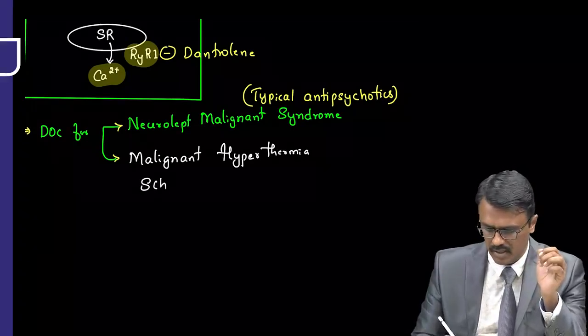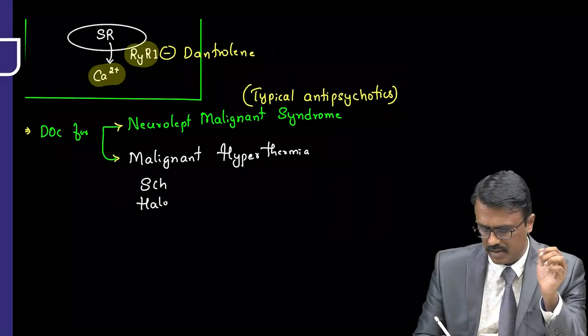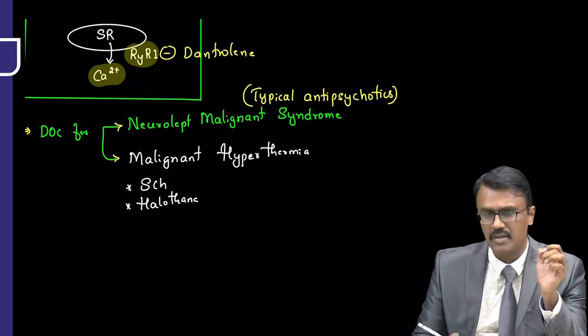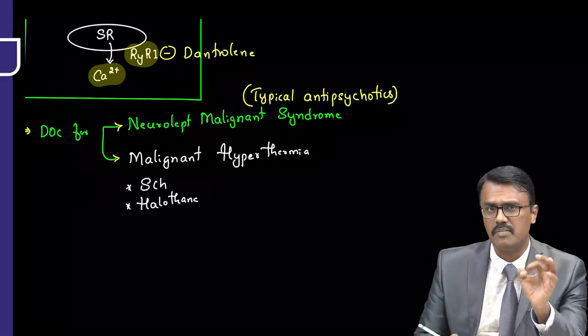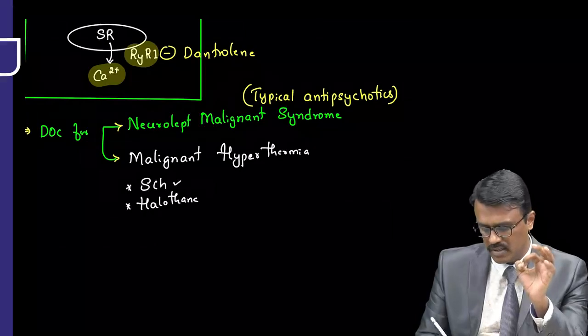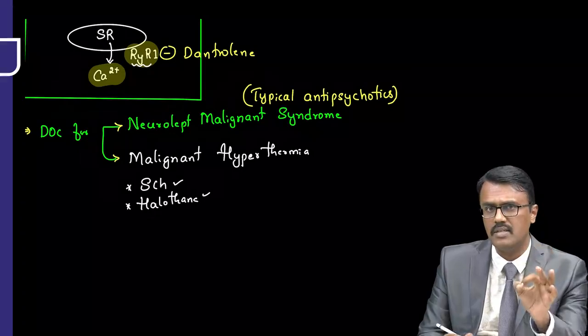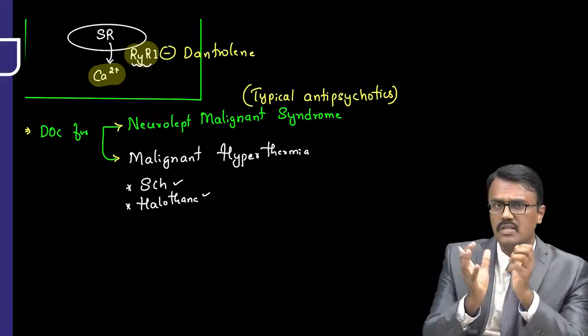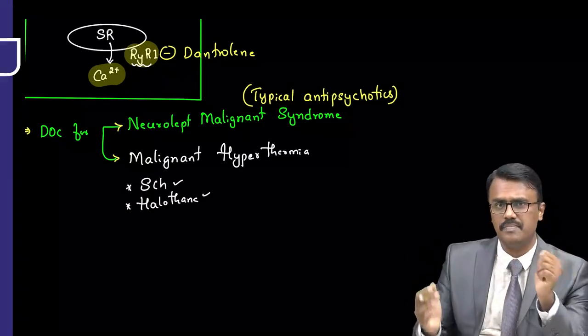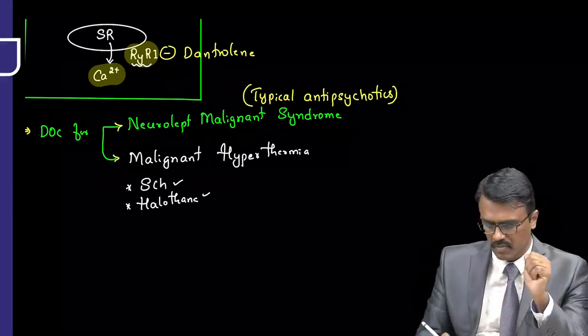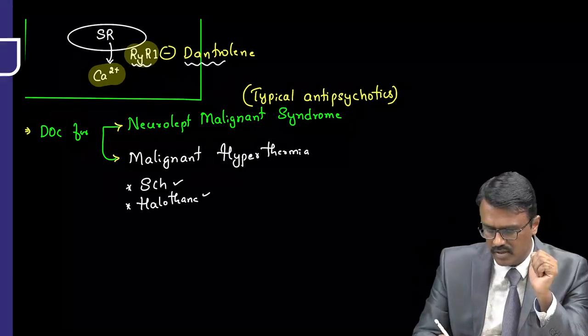So succinylcholine and inhaled anesthetics like halothane, if you are giving in these genetic individuals, they have this abnormal ryanodine receptor. As soon as you give them, they start triggering and activating the ryanodine receptor and calcium gets released. The muscle rigidity increases, muscle contraction increases, temperature goes up. So for them also the drug of choice is dantrolene sodium.